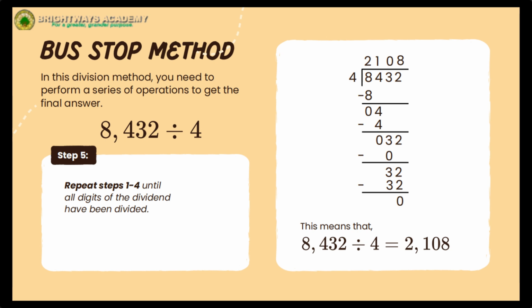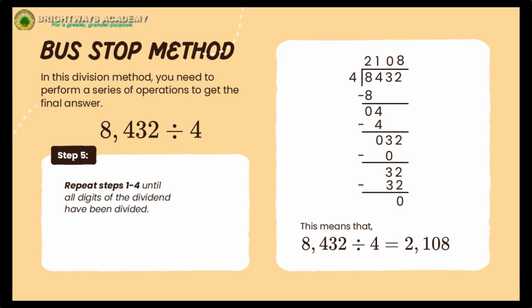So, let's bring down again the next digit, which makes it 32. So, 32 divided by 4 is equal to 8. Then, 8 multiplied by 4 is equal to 32. 32 minus 32 is equal to 0.